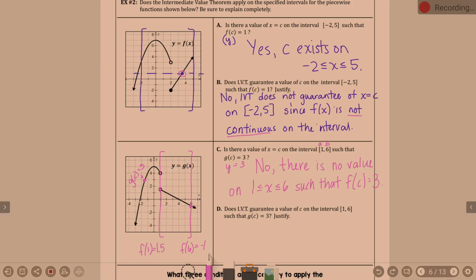This is knowing how to use our information here. We wouldn't know without the graph where the values are at. But if they gave you the information of what f of a and f of b are.